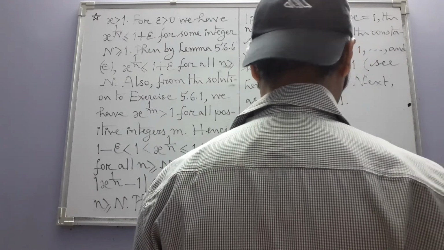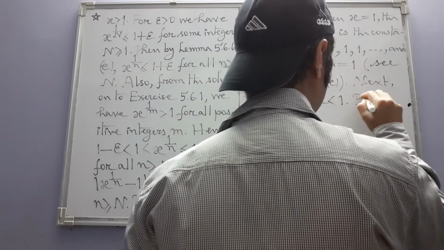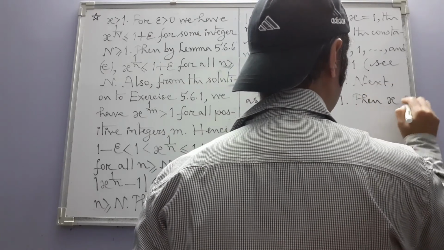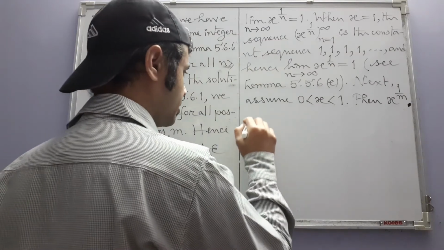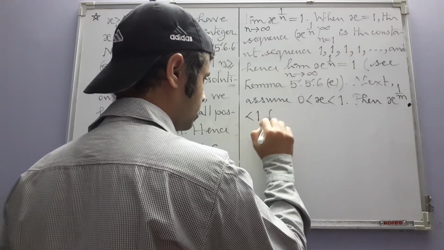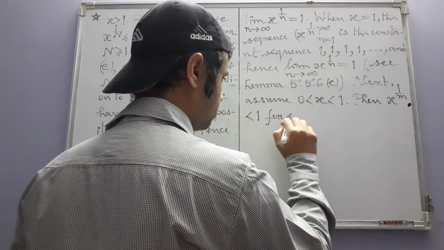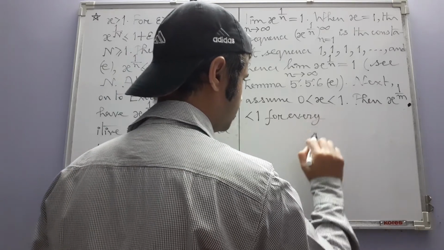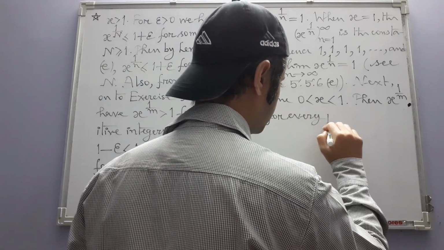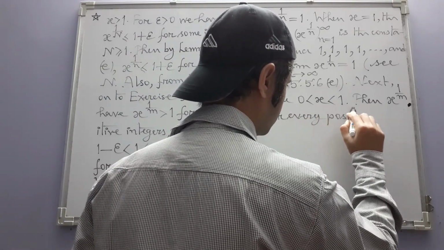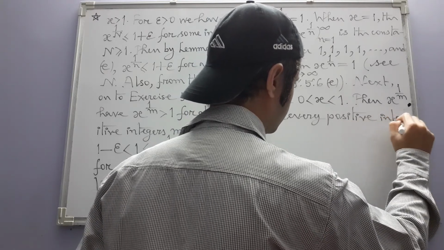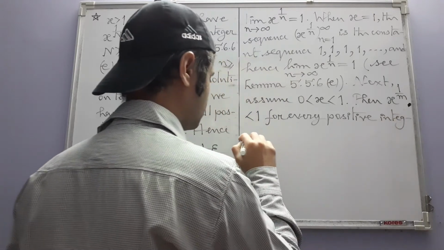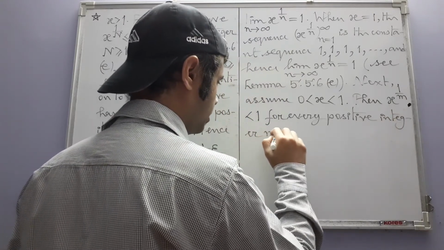Then the mth root of x is also less than 1 for every positive integer m.